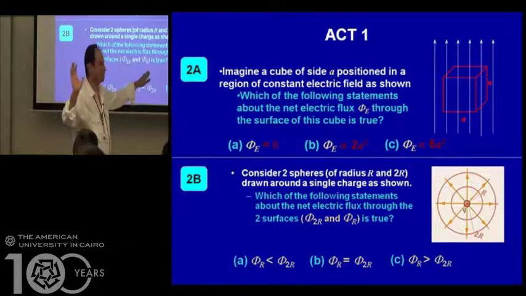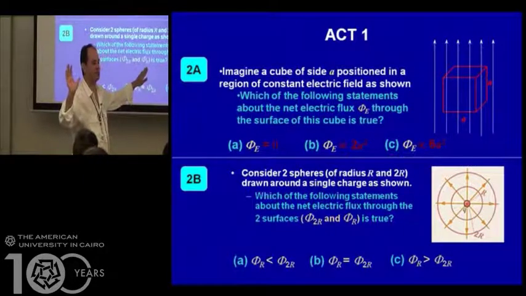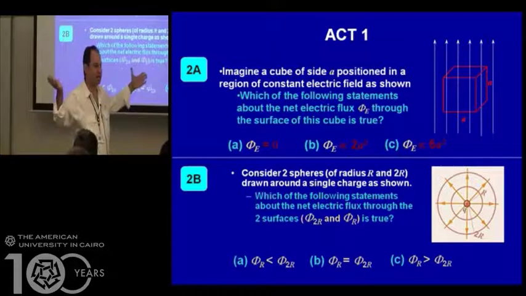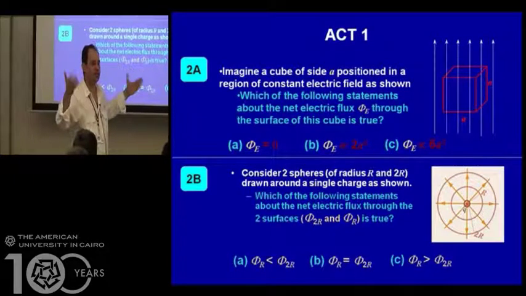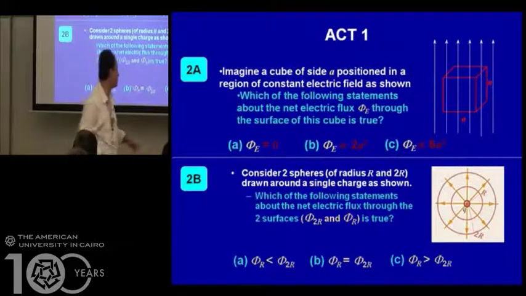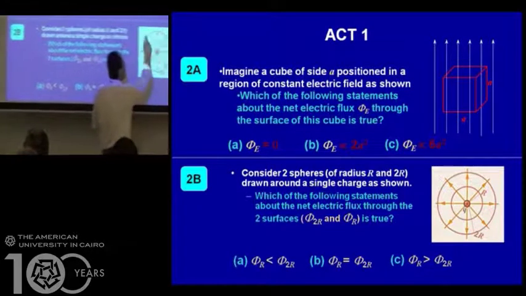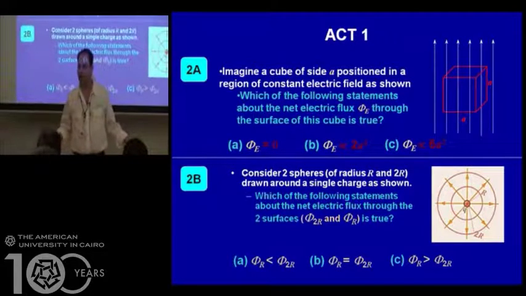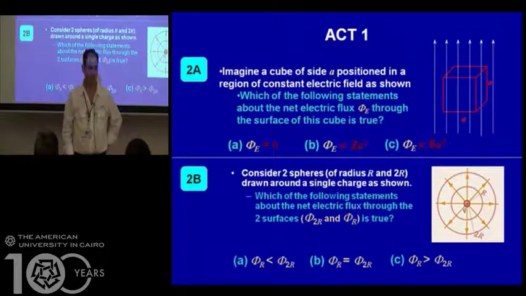Look at it. It's the same number of field lines, and this is the definition of flux. It's the number of field lines going through the two spheres. The flux is equal. That's one answer.